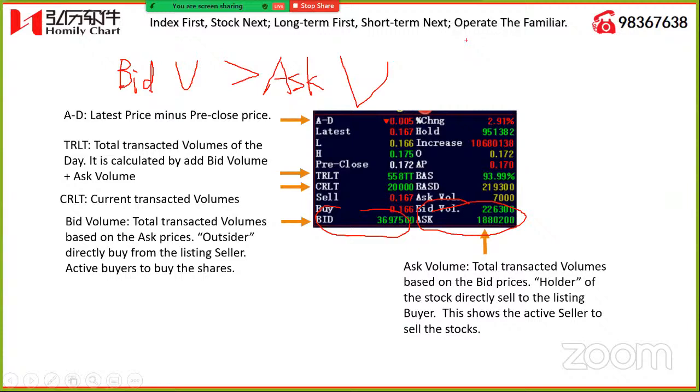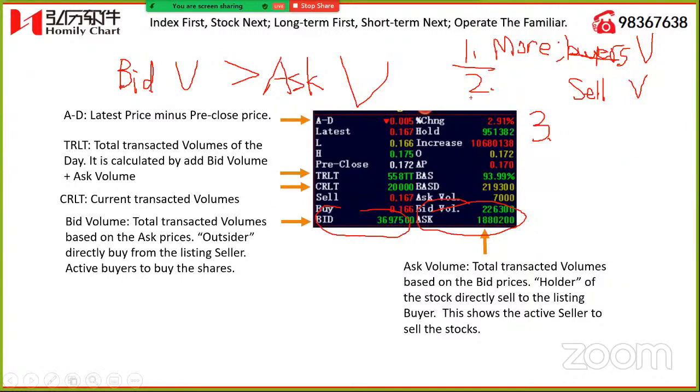If more buyers, you type 1 in the chat room. More buying volume, not buyers, more buying volume. If more selling volume, then you type 2. If you are not clear, type 3. So can you answer the question? Choose 1 or 2 or 3 in the chat room.